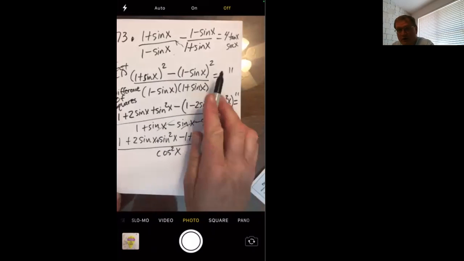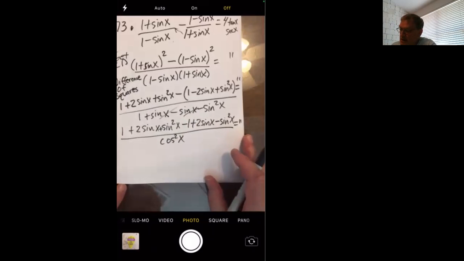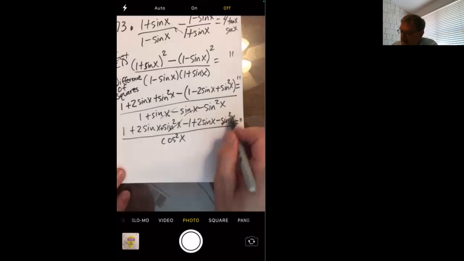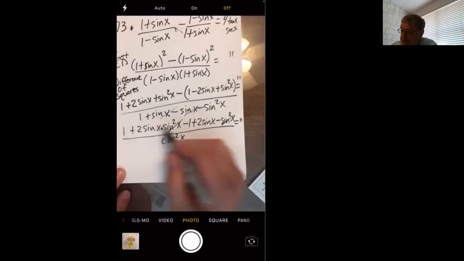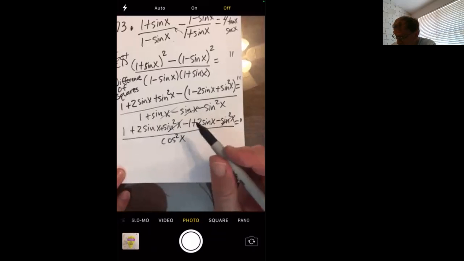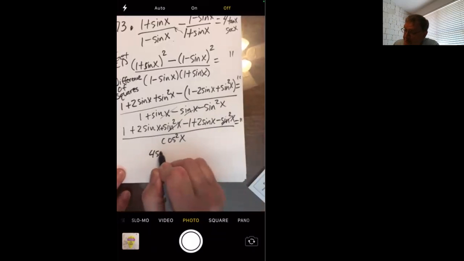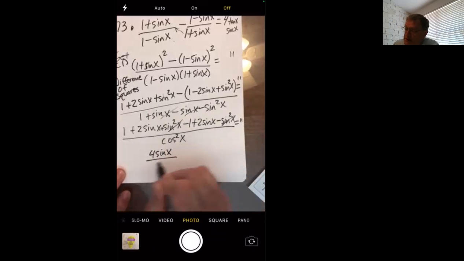Equals, again, 4 tangent secant. Well, I see the sine squareds cancel. 1s cancel. So 2 sine add 2 sine is 4 sine, divided by cosine squared.